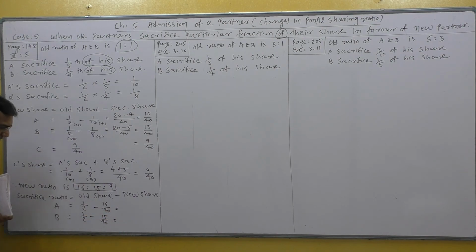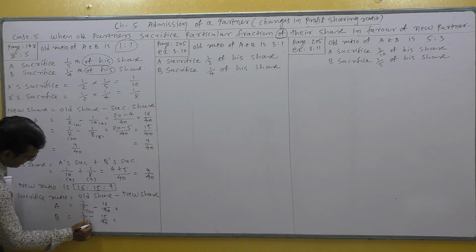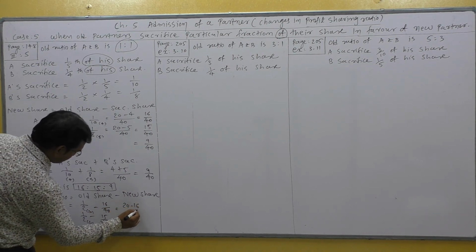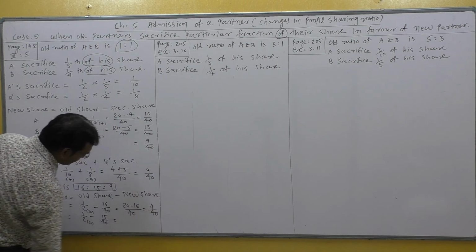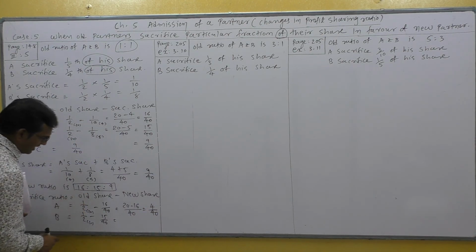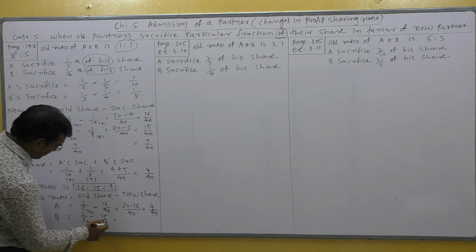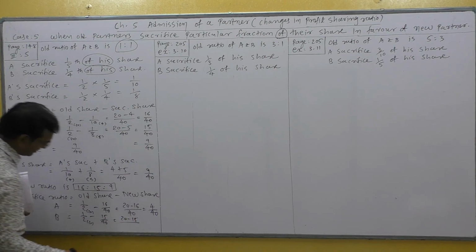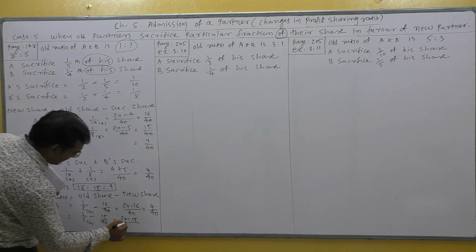Now LCM, here LCM is 40, it is multiplied by 20, right? So 20 minus 16 divided by 40 is equal to 4 by 40. This is A's sacrifice, 4 by 40. And now B's sacrifice 20 minus 15. 20 minus 15 is equal to 5.